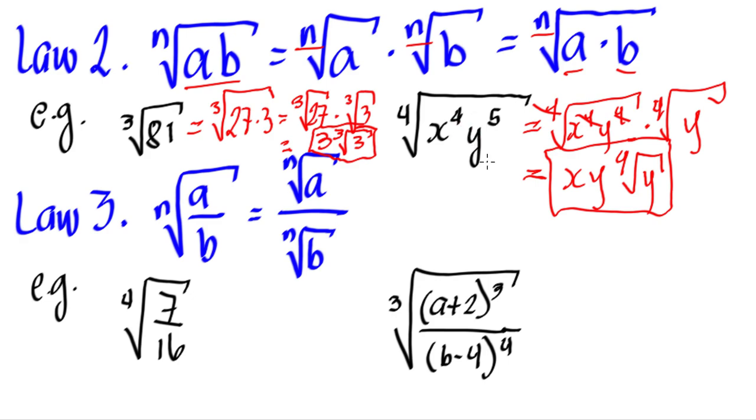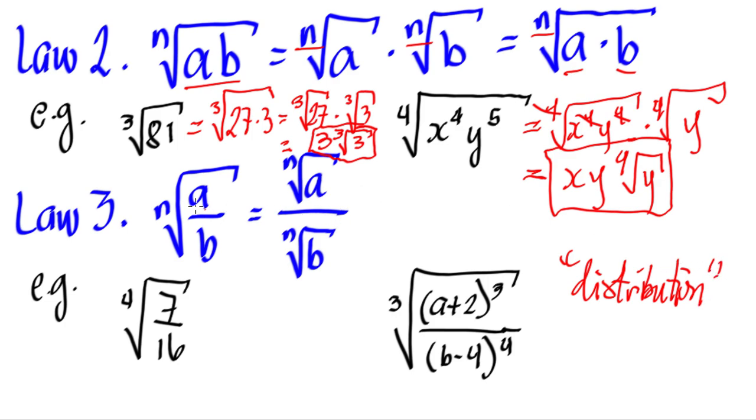Okay, so that's the end for our law number two. Let's proceed to law number three. For number three, when we have a radical in which the radicand is a fraction, just like similarly in fractions, we can somehow distribute, but not technically distribution.